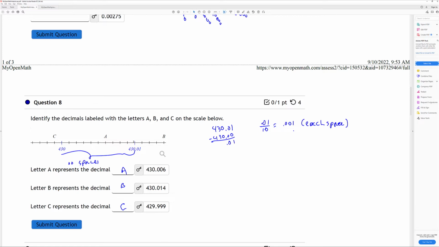Okay. And then started from here, I can go 430.001, 002, 003, 004, 005, 006, and it gives me A. Starting here and going down to thousandths gives me 429.999. So that's how I got those there.